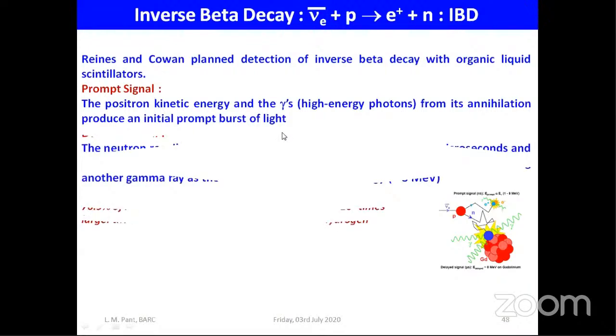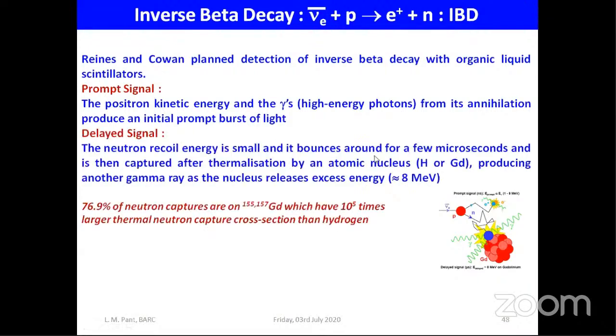For the delayed signal, the neutron energy is small and it is captured after microseconds. It depends on what type of scintillator you are using. If you are using a liquid scintillator, it is typically of the order of about 30 microseconds. It is captured after thermalization by an atomic nucleus. It can be captured by hydrogen as well as gadolinium, but gadolinium has a very large capture cross section, producing gamma rays as the nucleus releases excess energy of about 8 MeV.